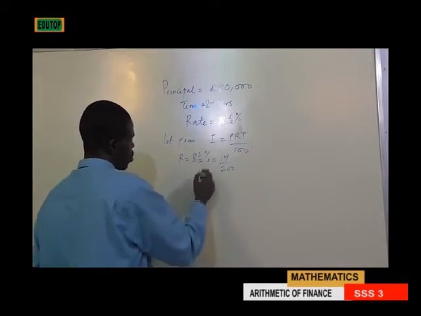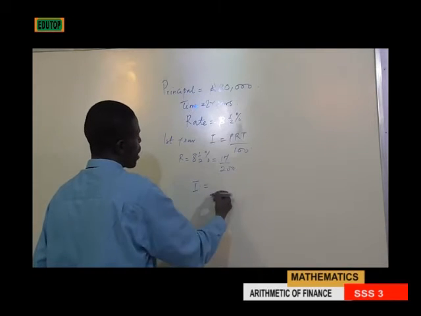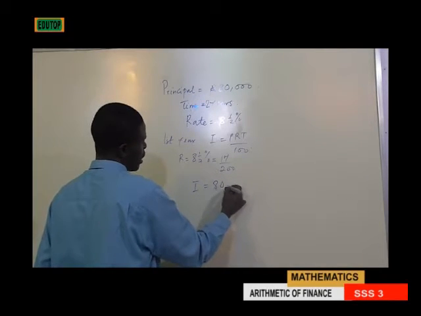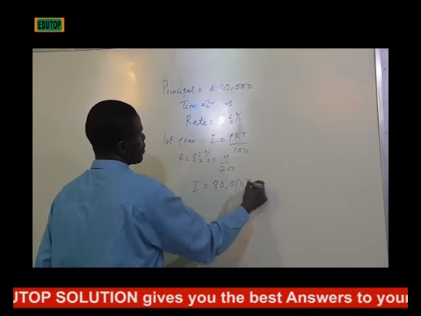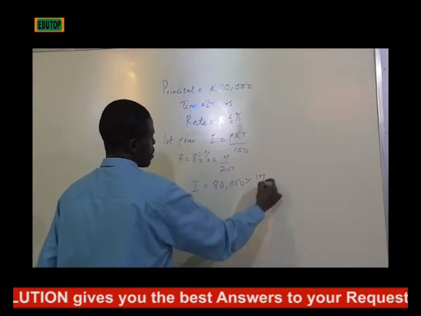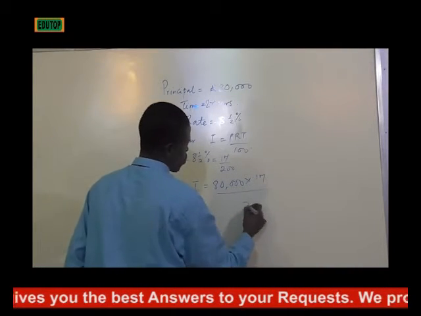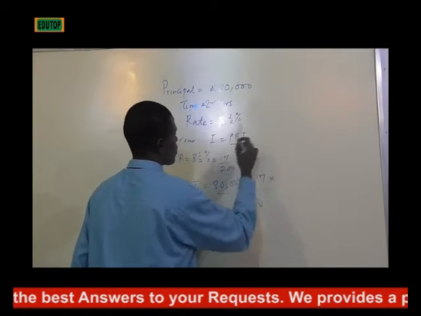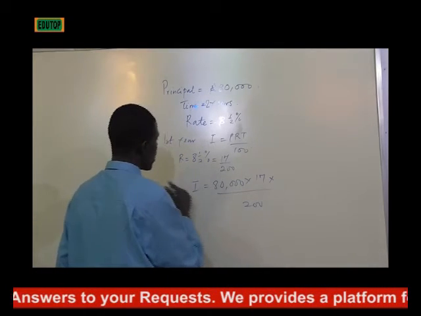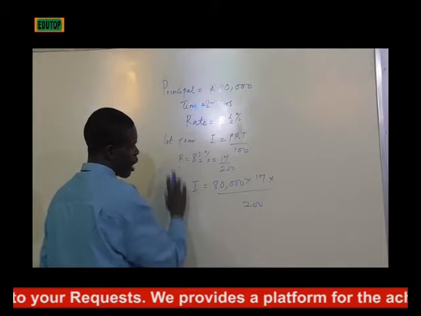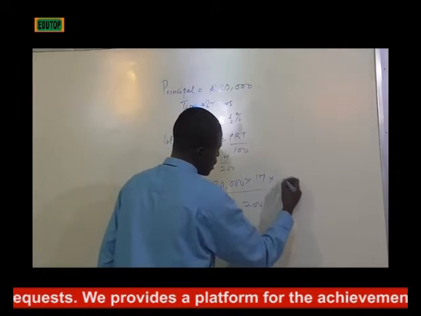That's our rate. So if you incorporate this into the formula, then we have principal, which is 80,000, times the rate, which will now be 17 over 200, times our time. But this time around is the first year that we are calculating for. So automatically it will be 1.